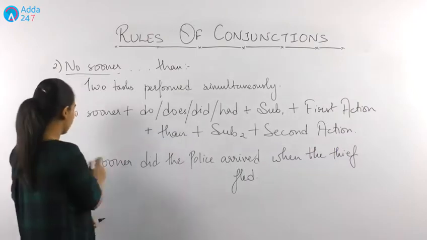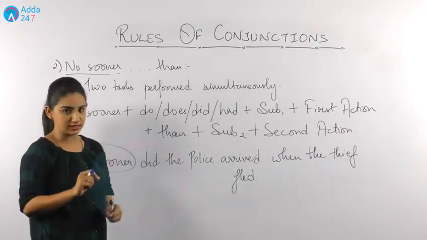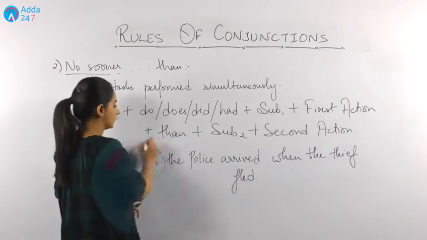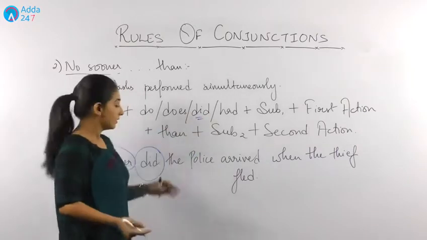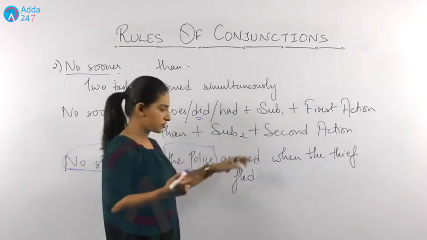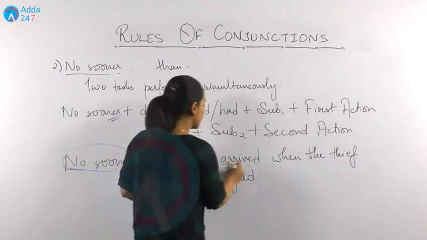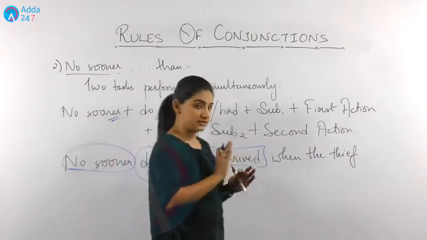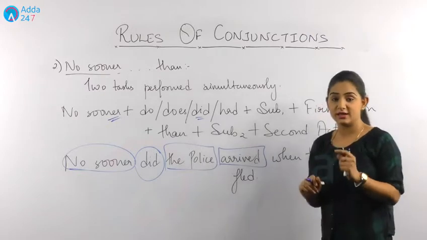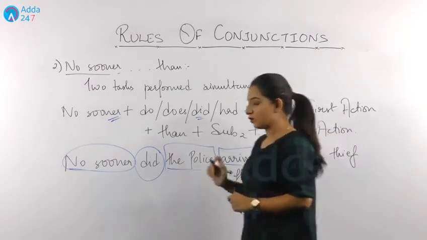No sooner did the police arrived when the thief fled. Here you can see we have placed no sooner starting a sentence, which is correct. After that you have placed did with it, which is again correct. Then you said the first subject was police. That is also correct. Then you wrote arrived. Can you tell me, is there any error in this sentence still here? Yes, there is, and you are right. What is the error?